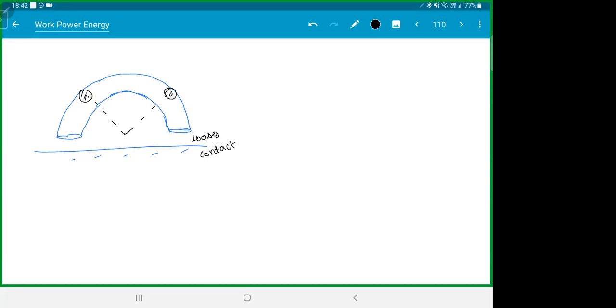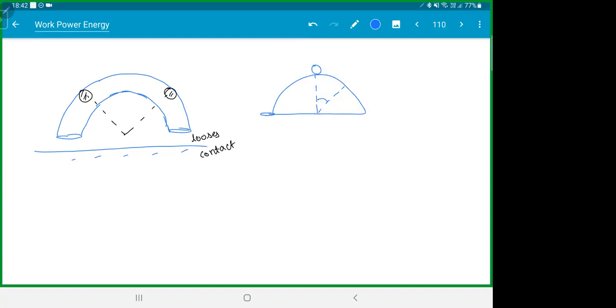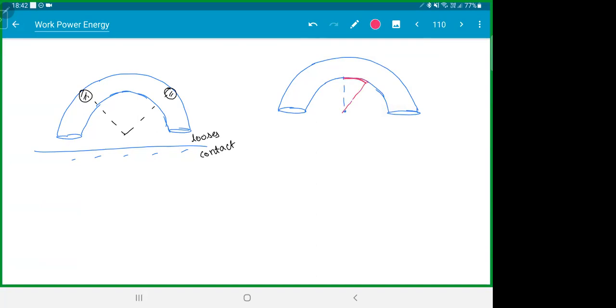So first thing, let's see exactly a little explanation of what is happening here. Initially if you look at the sphere, it is touching the lower surface up to this angle where it is cos inverse 2 by 3.